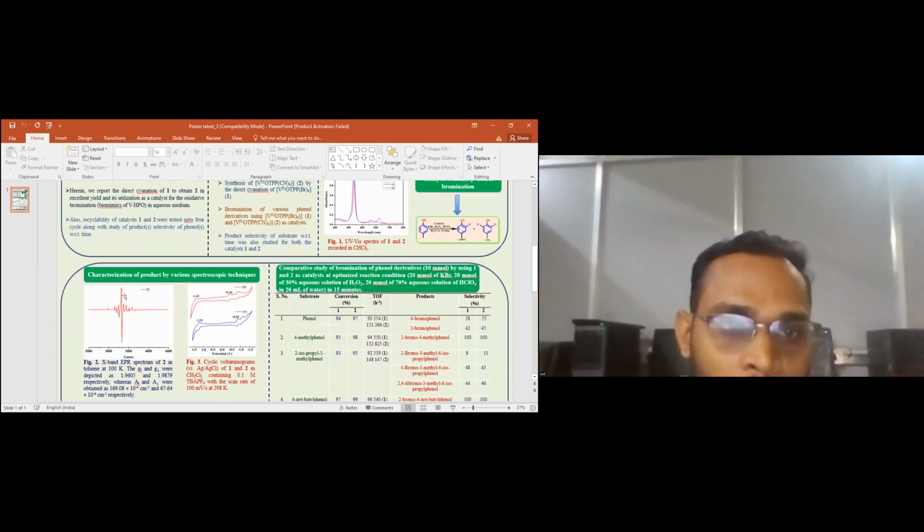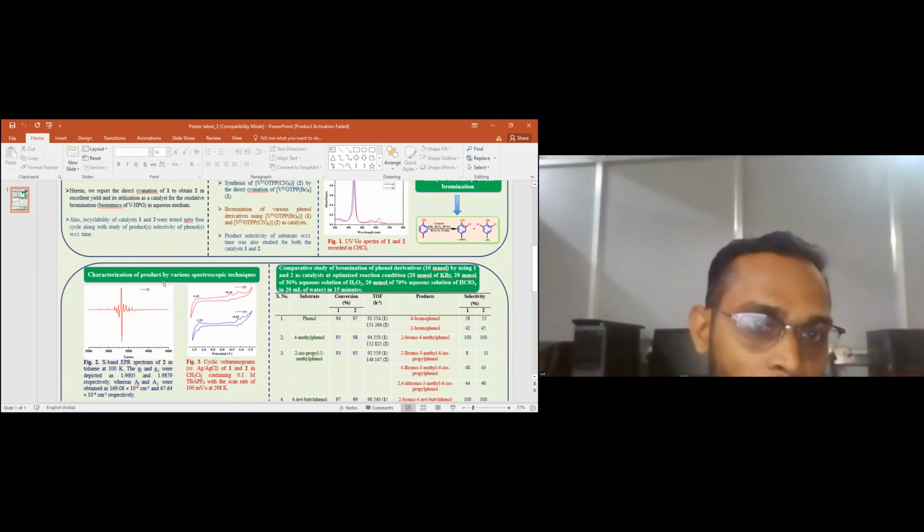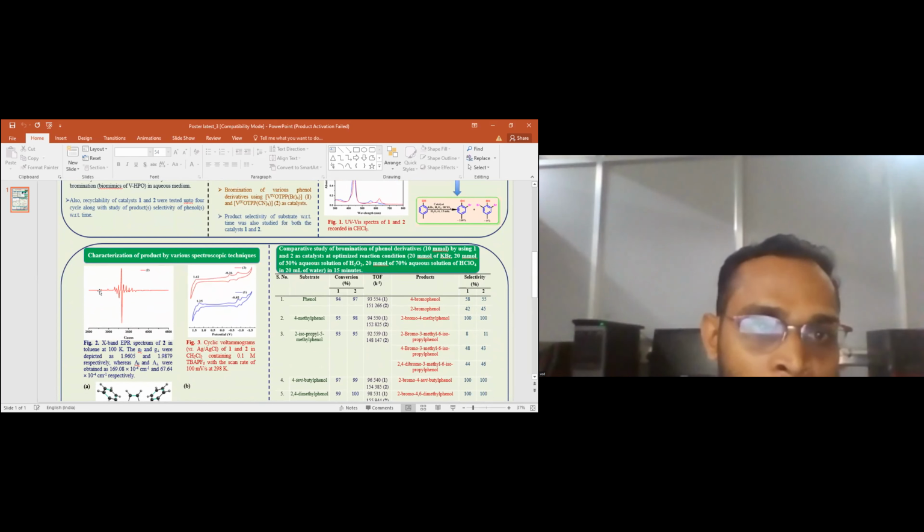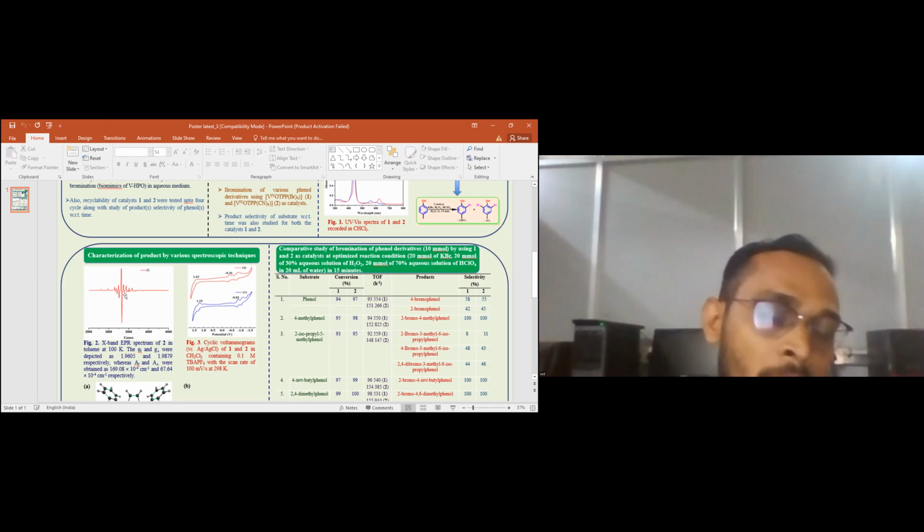So here is the EPR spectra of the synthesized compound, which is showing two types of g value: the first one is for g parallel, and the middle 8 lines are for g perpendicular, and we can clearly see 8 lines corresponding to vanadium present in the +4 oxidation state.